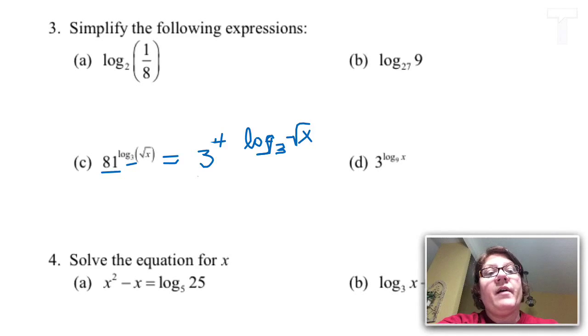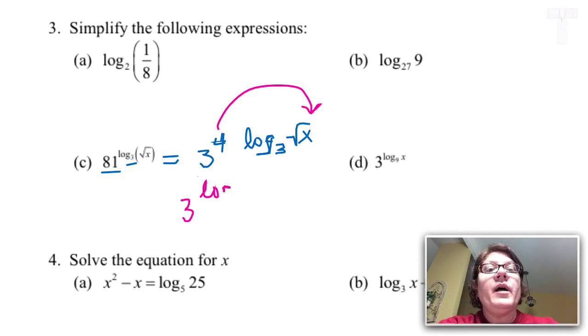And then because I have log, and this is a coefficient, oops, I didn't mean to erase it. My bad. I could put that coefficient back up as an exponent. And OMG, look what I just created.